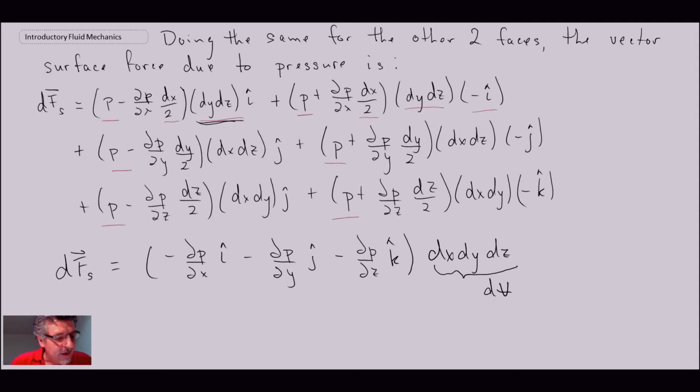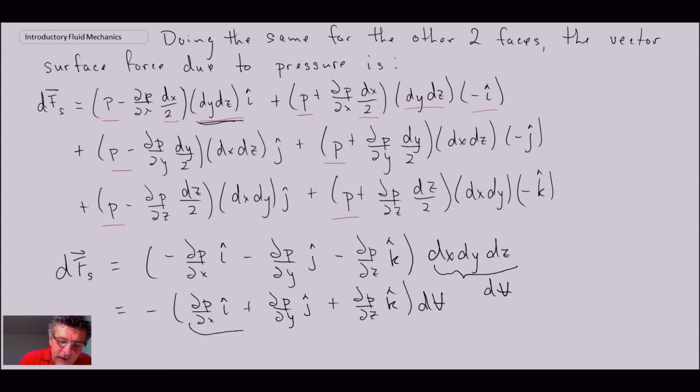The other thing we can notice here is that if I pull the minus sign out and rewrite this, this term here is nothing more than the gradient of pressure. And remember, the gradient operator takes a scalar and converts it into a vector field.